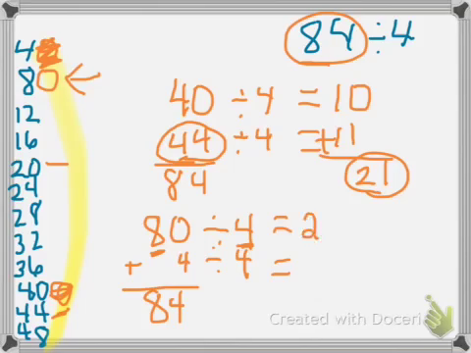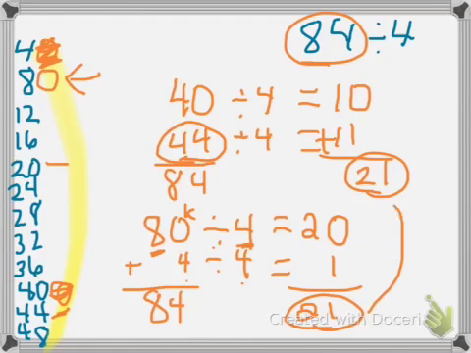I know that's 2. So I then put my 2 down and add my 0 because there's a 0 here. Then I'm going to take 4 divided by 4, which is 1. When I add those up, I get 21, the same answer. So 84 divided by 4 is 21.